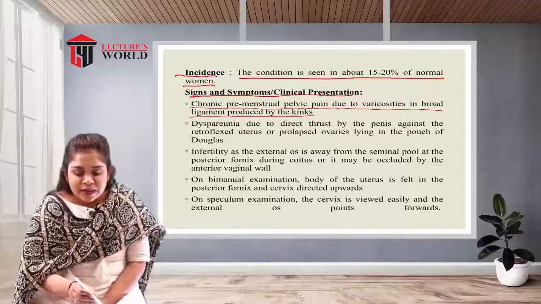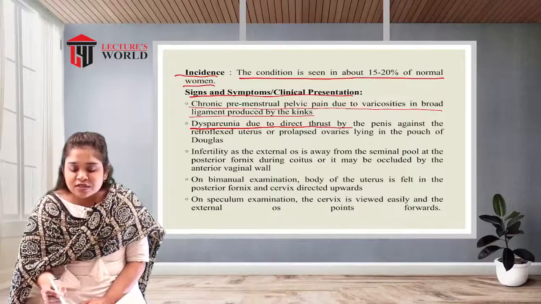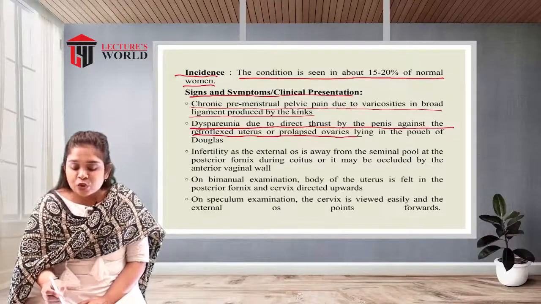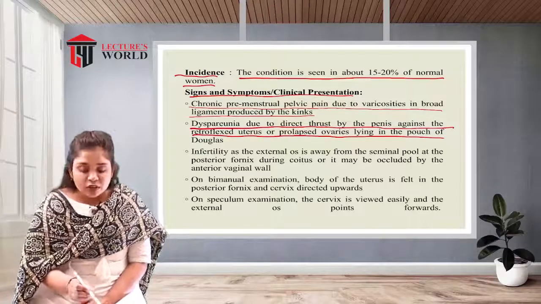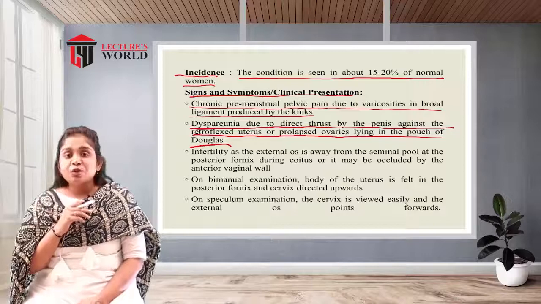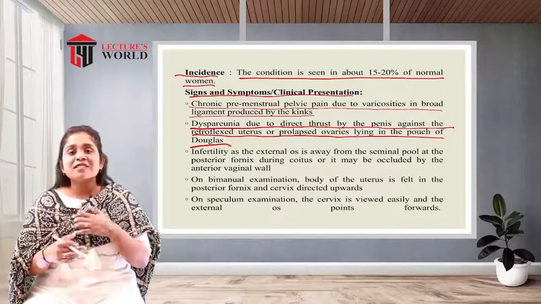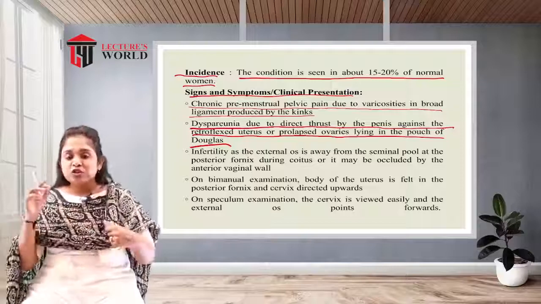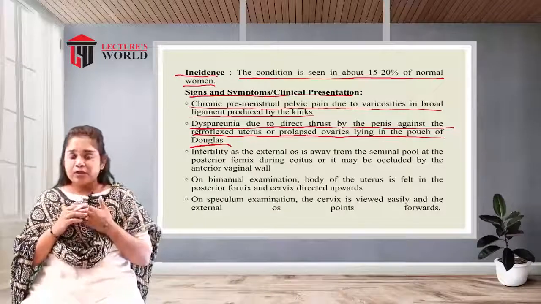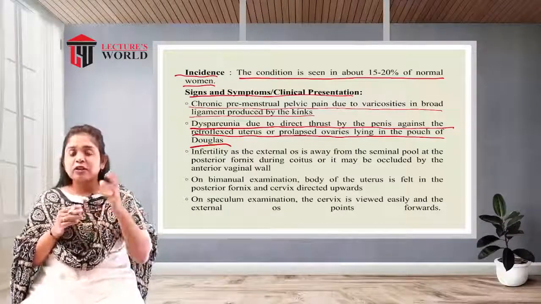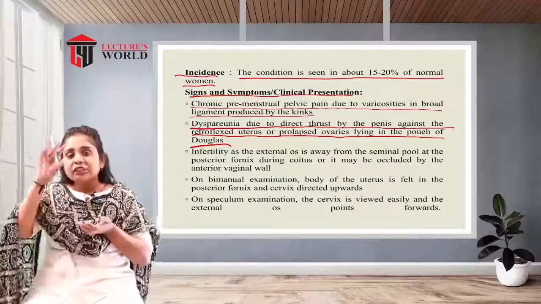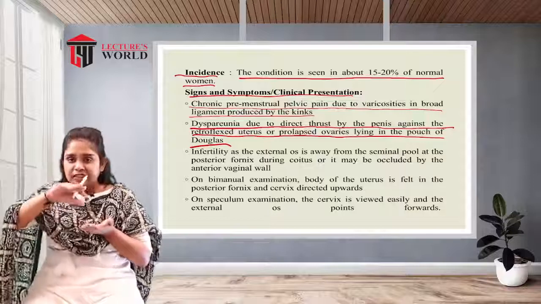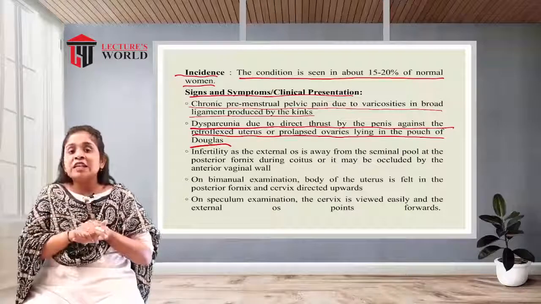Then after, dyspareunia, due to the direct thrust by the penis against the retroflexed uterus or the prolapsed ovaries lying in the pouch of Douglas. Dyspareunia means that during sexual activity the pain will be there. If third degree displacement is there, the fundus and the body of the uterus come to the level of the internal os.